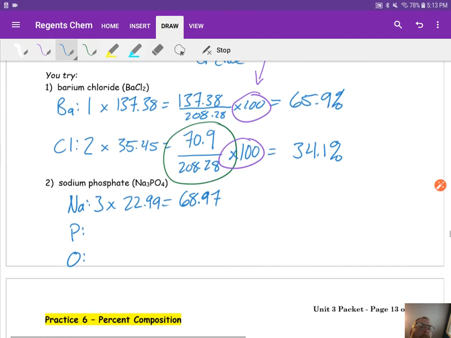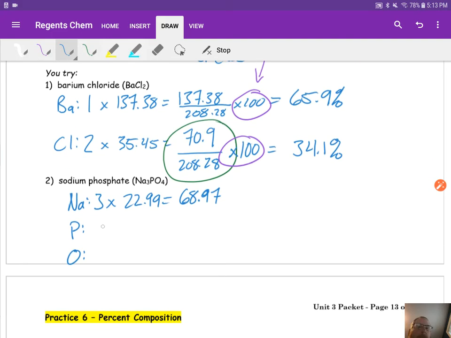That's the mass that sodium brings. Phosphorus, I've got one of those. Its mass is 30.97. It's easy math. Oxygen, 4 times, you probably have this one memorized, 16. So that's going to be 64.